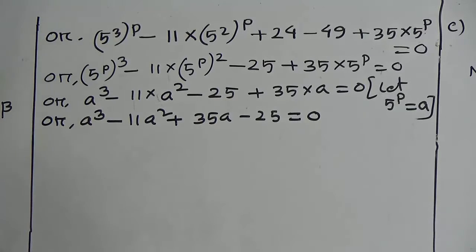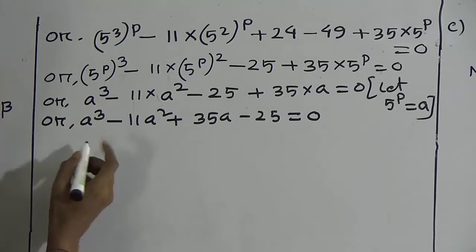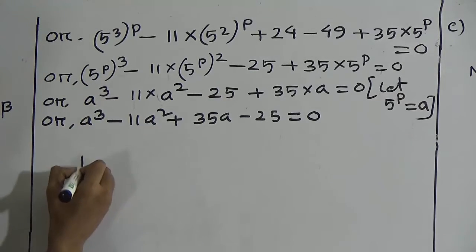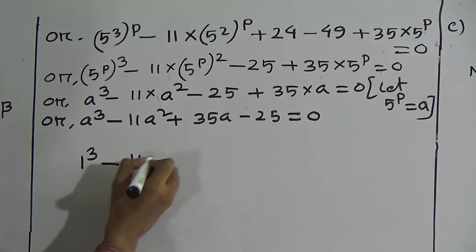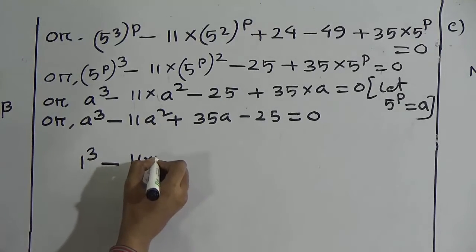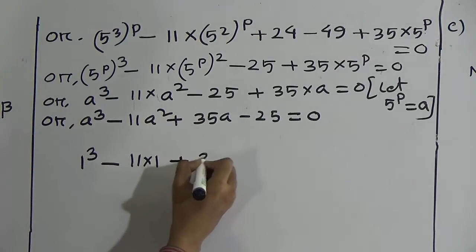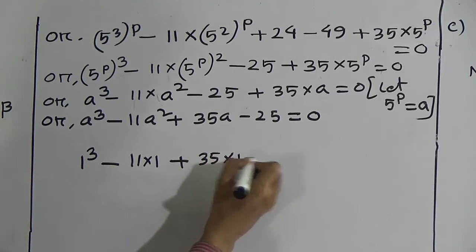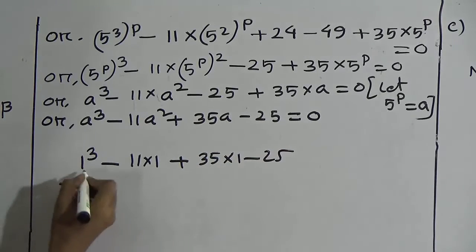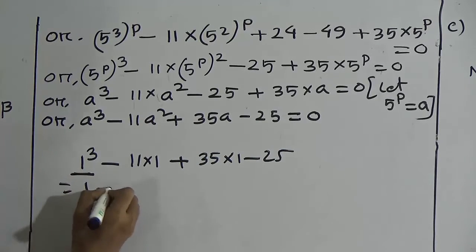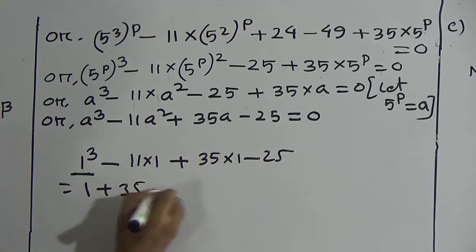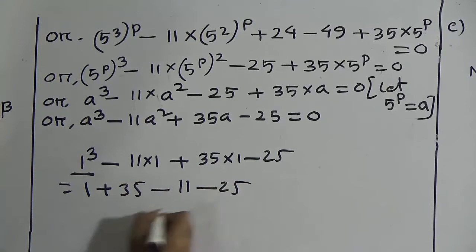Okay, look, if a equal to 1, a equal to 1 means what? This is 1 power 3, then 11 into 1 square, that means 11, plus 35 into 1, minus 25. Look, this is 1 cube means 1, plus 35, minus 11, minus 25.